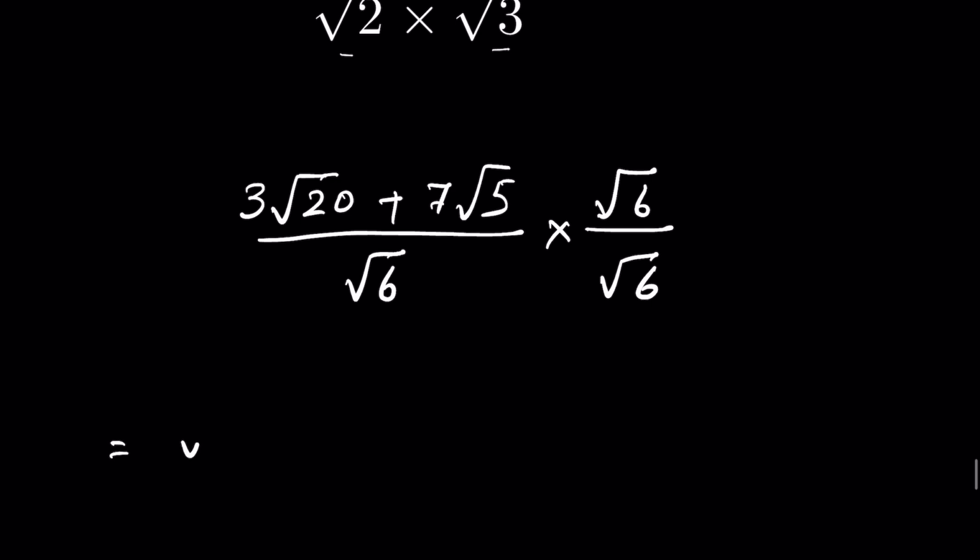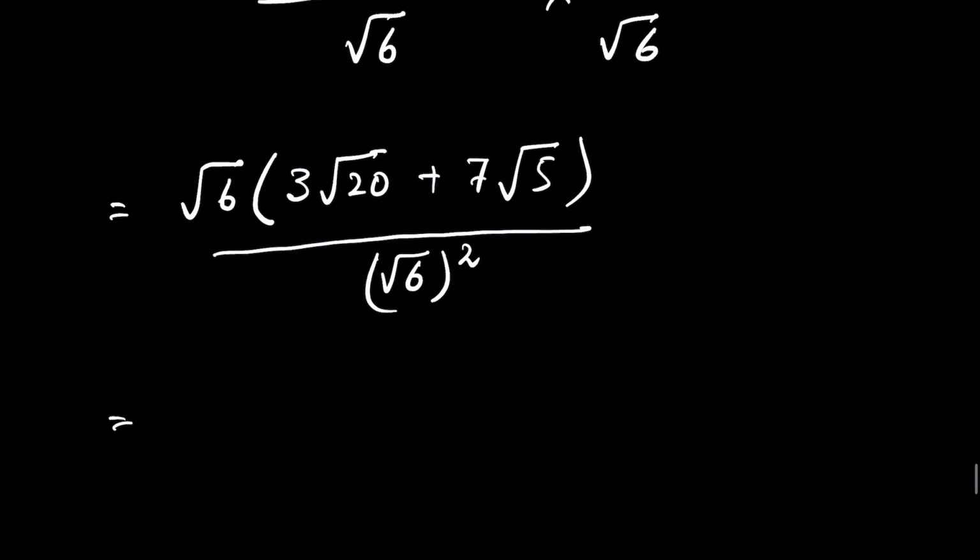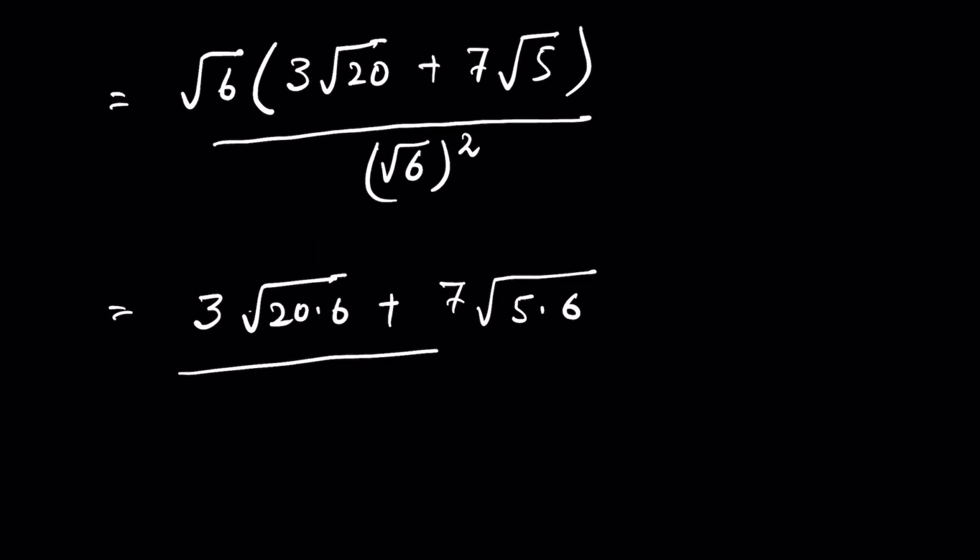So this is square root of 6 multiplied to 3 times square root of 20 plus 7 times square root of 5 upon square root of 6 squared. This is square root of 20 times square root of 6 equal to 20 times 6 under square root, and this will be 7 times 5 times 6 under square root upon, remove the square root with the square, 6.